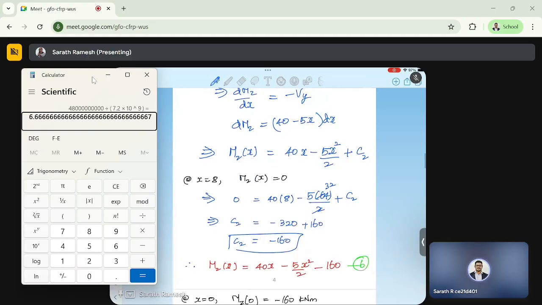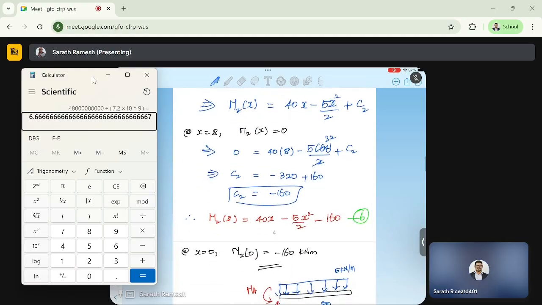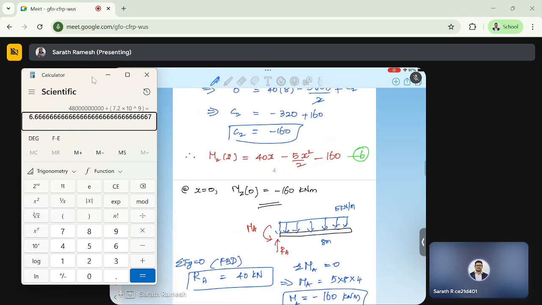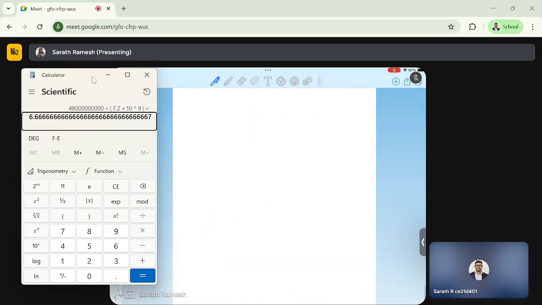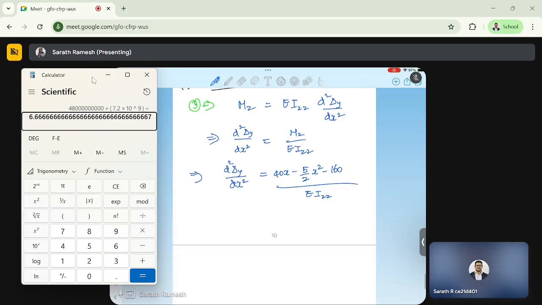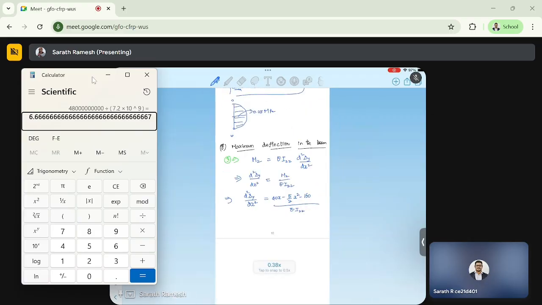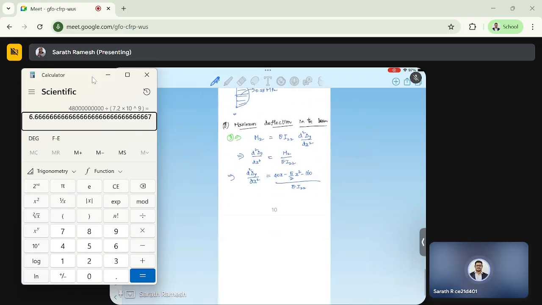Just checking my value: 40x minus 5x square by 2 minus 160. Yes, so we can do integration.